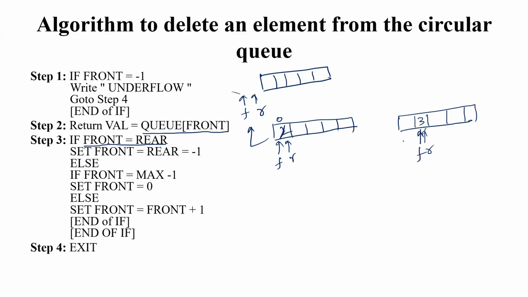And again, if we delete the value, means we have front is equal to rear in this case. So if we delete again 3, I will not increase the value of front now. I will just reset the value to front is equal to -1 and rear is equal to -1. So these are the two cases. Or we can have any other case also where we can have front is equal to rear.